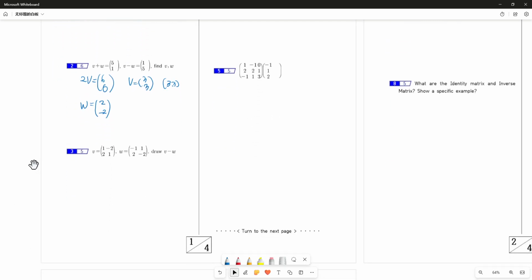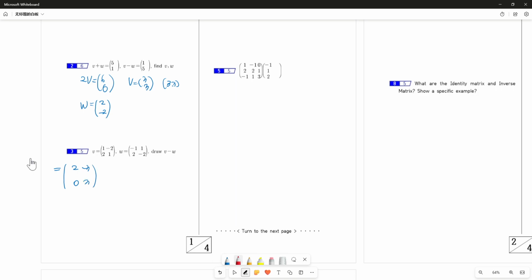And number 3, draw V minus W. First of all, you subtract the two matrices, and V minus W equals 2 minus 3 and 0 and 3.